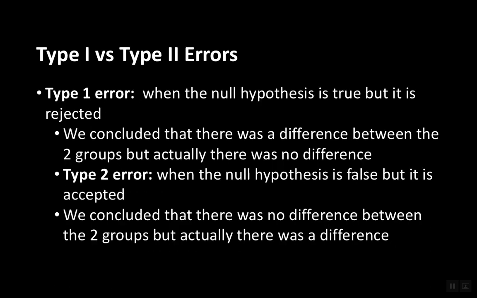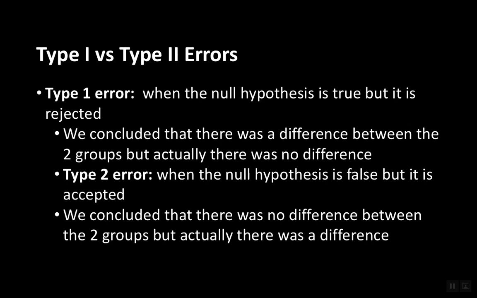Now, type 1 error is when the null hypothesis is true, but instead we rejected it. So the world is actually flat, but instead we said it's not flat. Now our p-value told us that the world is not flat, right? Because it was less than 0.05.